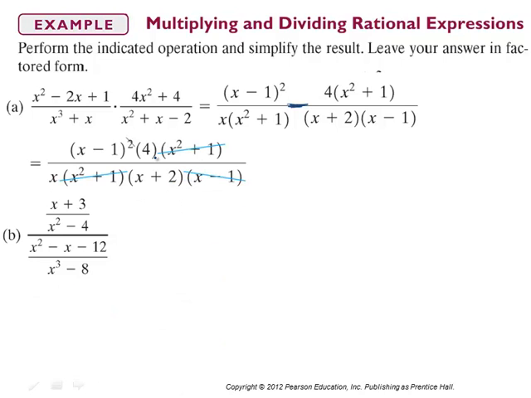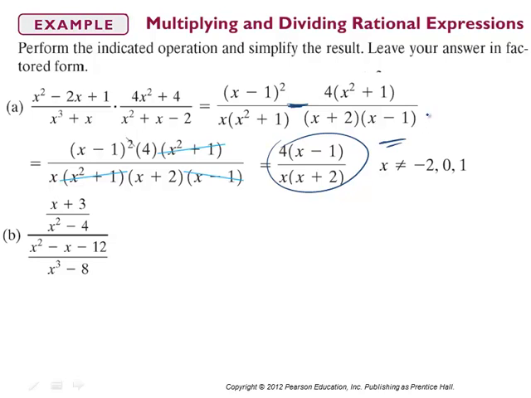So we're canceling the x minus 1 and x squared plus 1, leaving just 4 times x minus 1 divided by x times x plus 2. It's okay for you to leave your answer just like this, or you can multiply it back out again if you want. Then you'd have 4x minus 4 divided by x squared plus 2x.